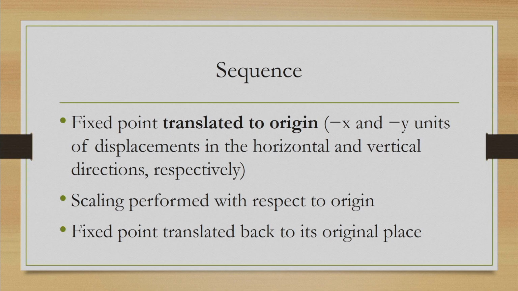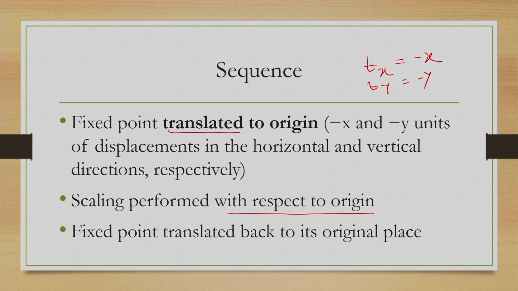What is that sequence? So, first we translate the fixed point to origin, that means we make the translation amounts T x equal to minus x and T y equal to minus y, that is the first transformation. Then we perform scaling with respect to origin, this is important.